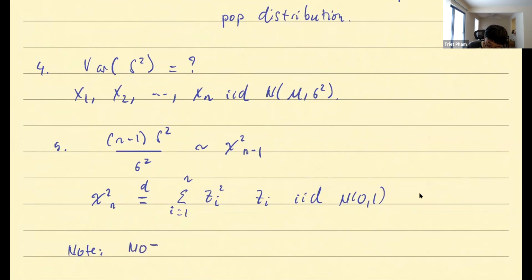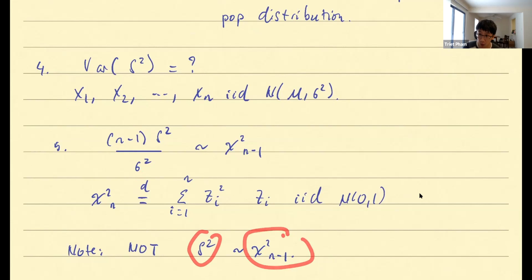The statement is not that the sample variance has a chi-square n minus 1 distribution. I know students make that statement. I myself used to make it too, just from not being careful, and it becomes a bad habit. But it cannot be right in any context, unless you have n equals 2 and sigma squared equals 1. Otherwise, the sample variance itself is not a chi-square distribution.